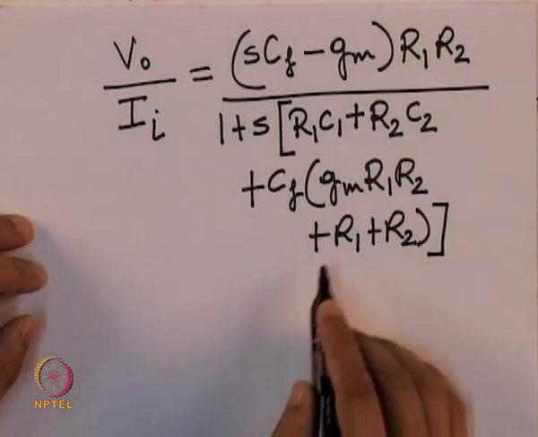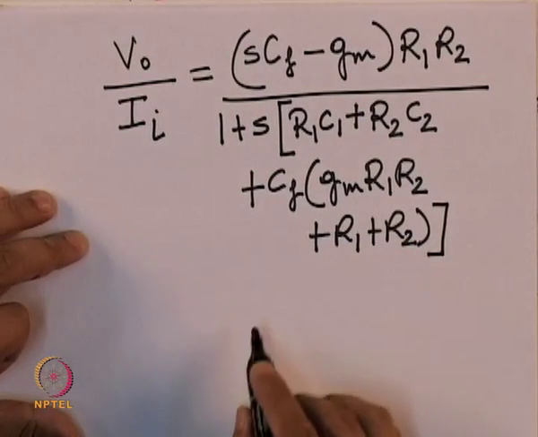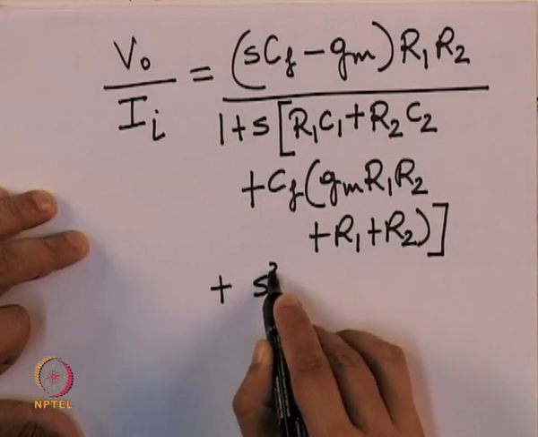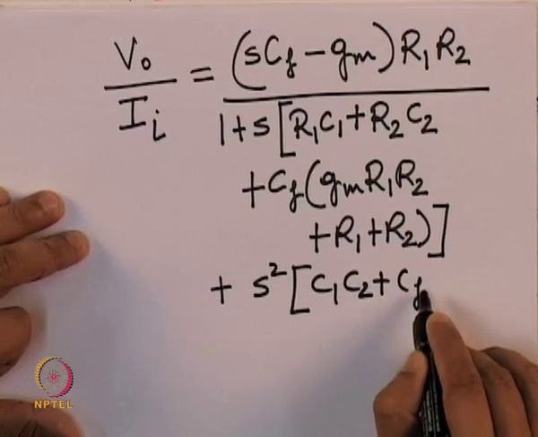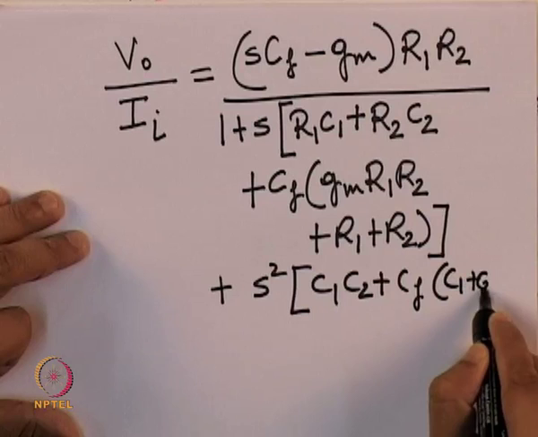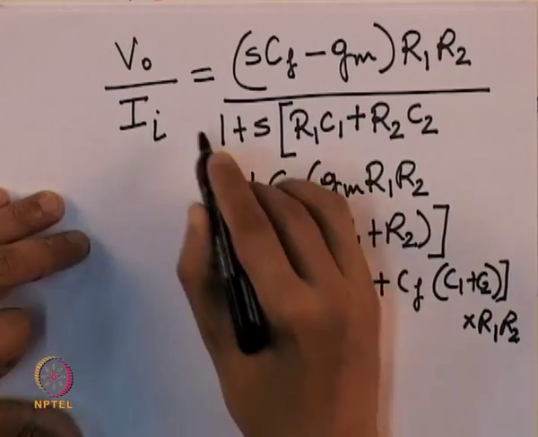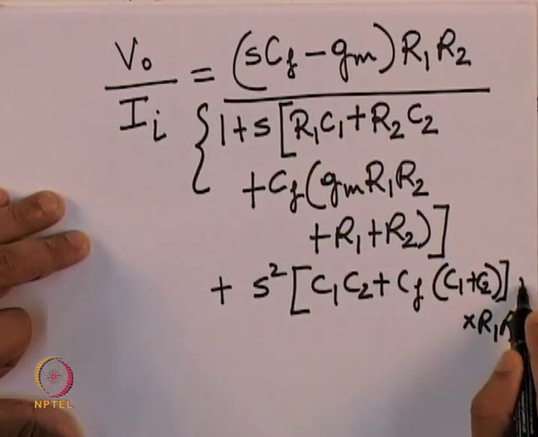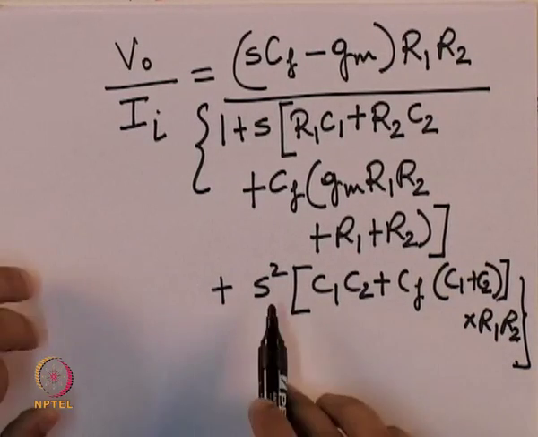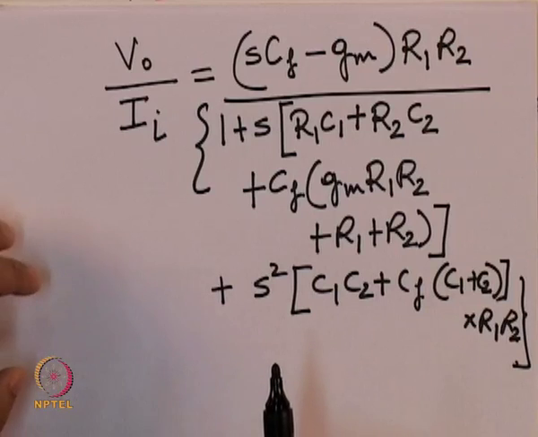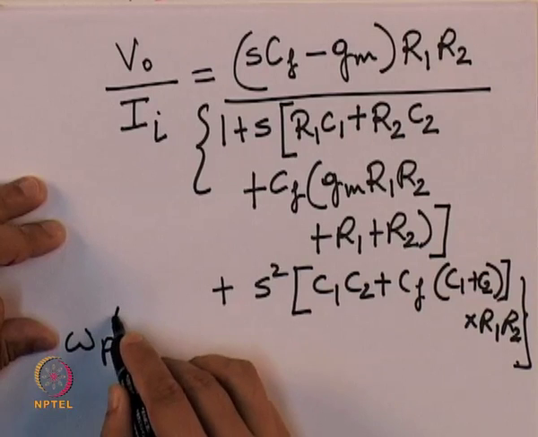So here now if we try to find out the poles of this, there is one more term left, of course, it is S square C1 C2 plus CF into C1 plus C2. So, this is quite a long expression, and the denominator consists of this whole expression. Now, if you factorize the denominator polynomial, then you can get the poles of this system, which will be like this.